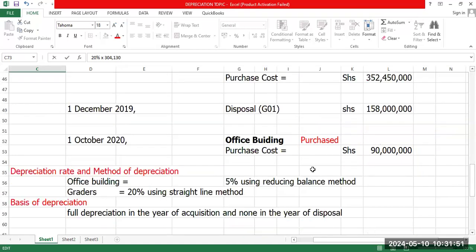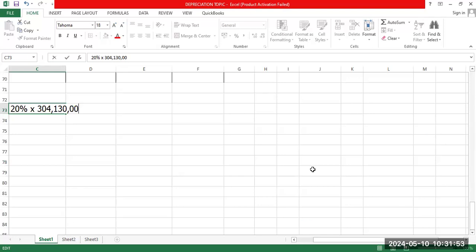Oh, sorry, I thought it was grader 2. So we multiply by the number of days you actually used the asset before you disposed of it. Because here it is clear, we can just say 11 out of 12.